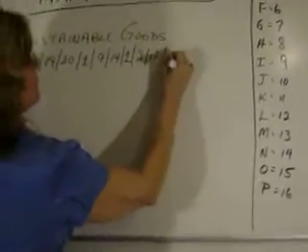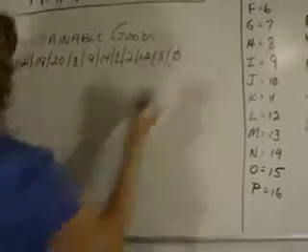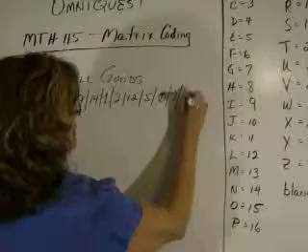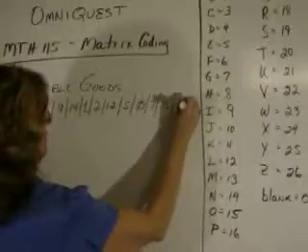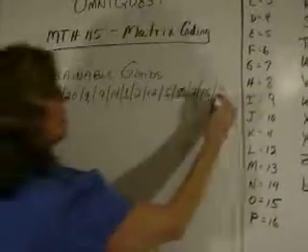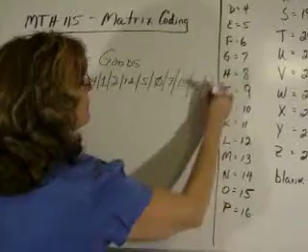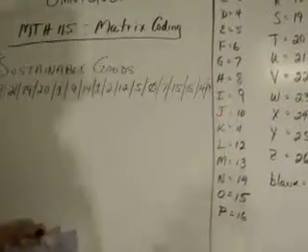E is 5, then we have a blank, and then we have 7, 15, 15, 4, and 19. So we've taken our statement and we now have it coded.